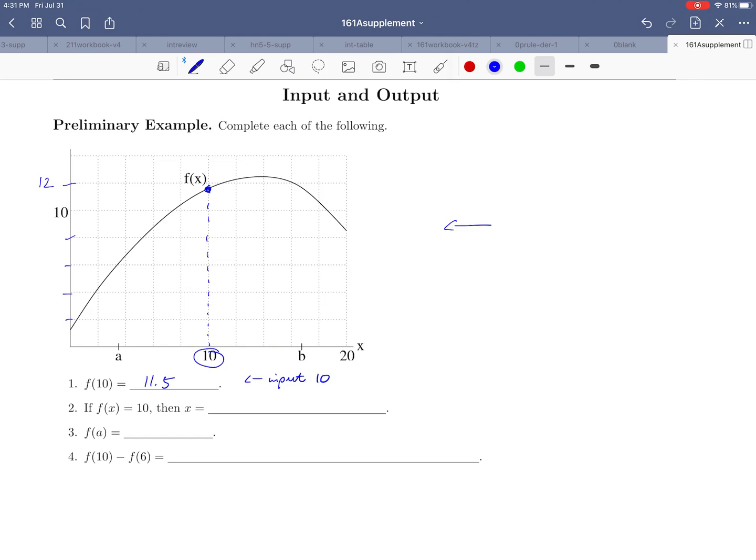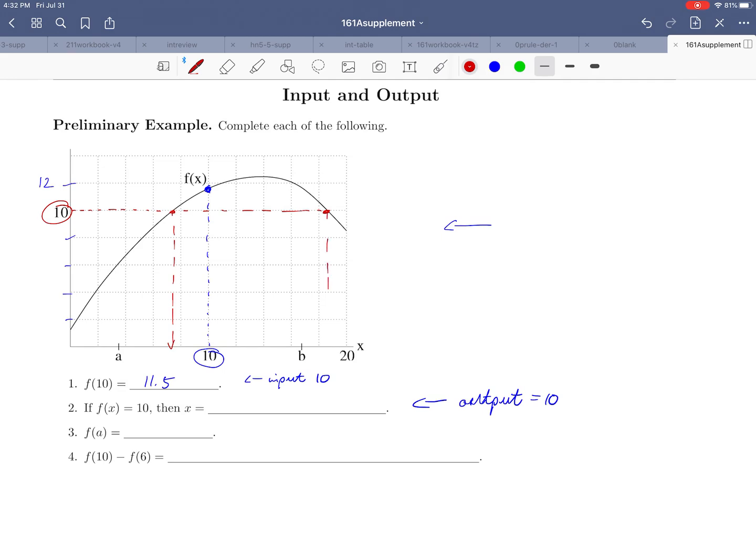Now, what about the other way around? What if I know that the output is equal to 10? What input gives us that output? Well, now I'm looking at the output 10 right here, and it looks like there are actually two places where I'm hitting this output, which is okay.